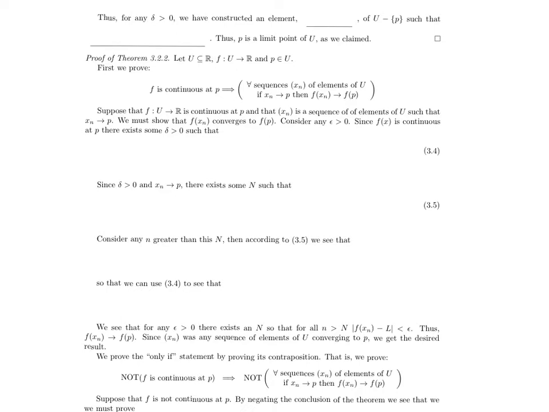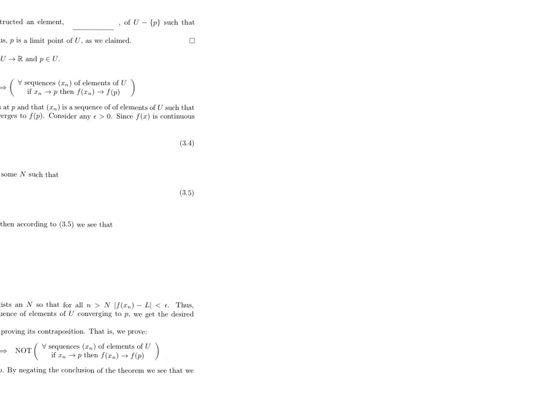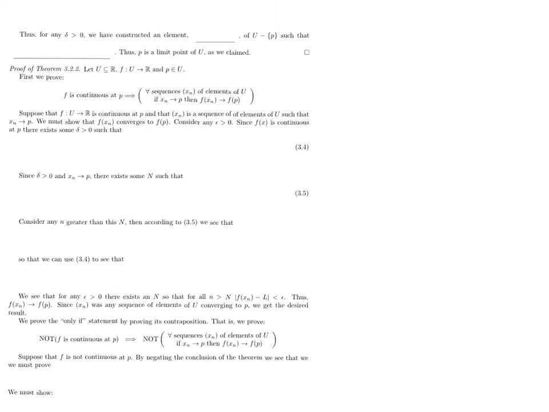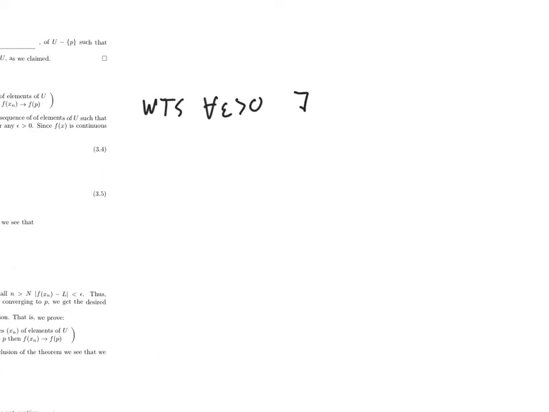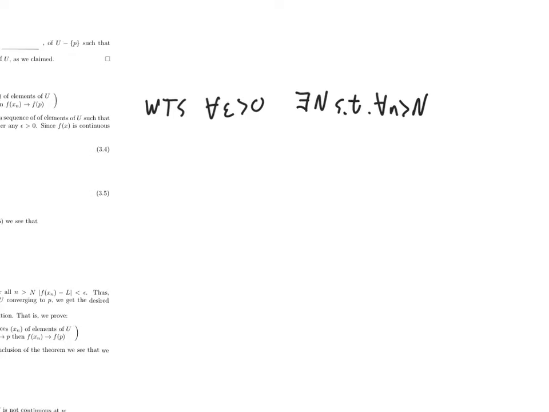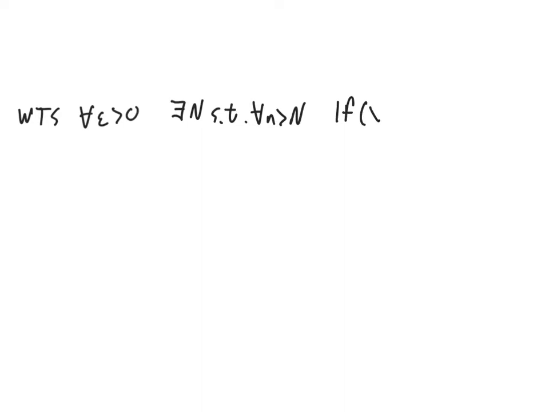So this is like an epsilon-N proof. Let's see what we can do. Let's sketch the proof off to the side. My eventual goal is to show that for every epsilon bigger than 0, there exists a choice of big N such that for all little n bigger than big N, the absolute value of f of x_n minus f of p is less than epsilon.